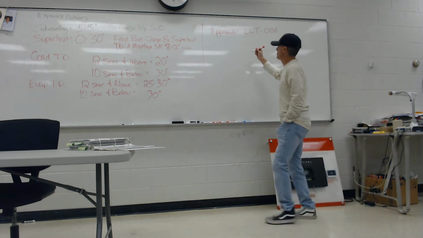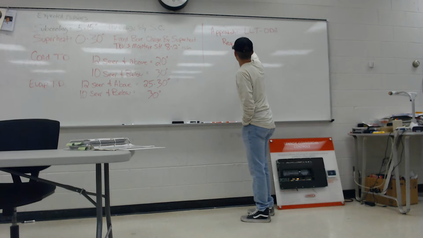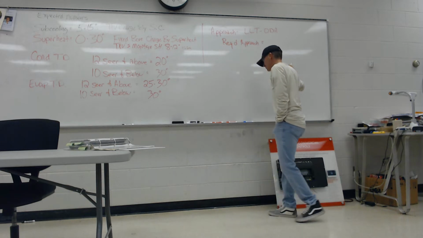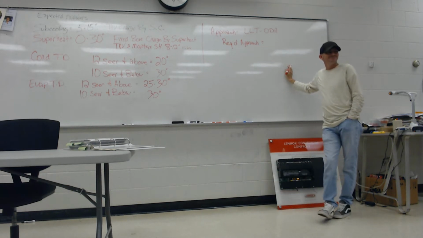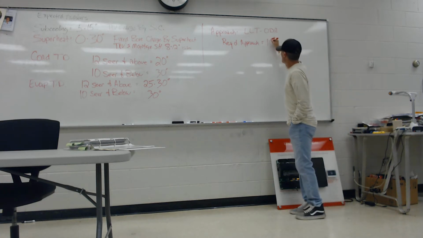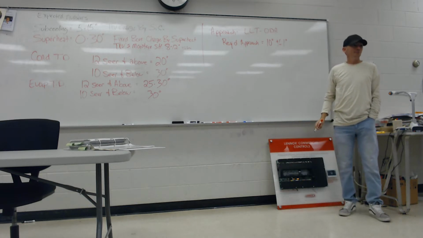Let's say that you have a required approach. Merchberger, what's a normal approach that you've seen? 10. Alright, let's go with it. Let's say it's requiring 10 degrees plus or minus 1 degree, so we have to be between 9 and 11.